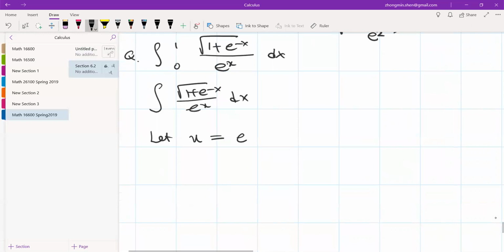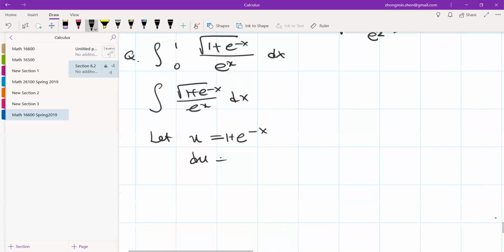Or u is going to be 1 plus e to the negative x, or u is going to be e to the x. There are several options. Let's try this first. If it's not working, we can try a different one.